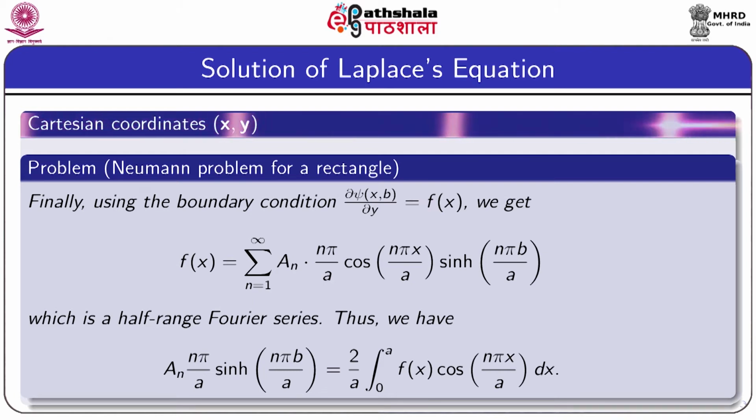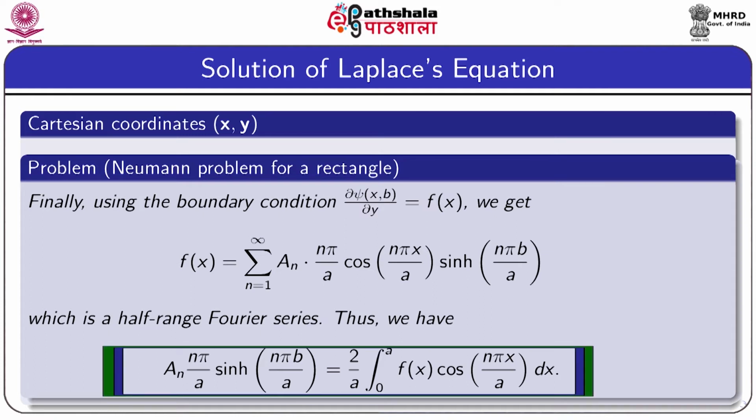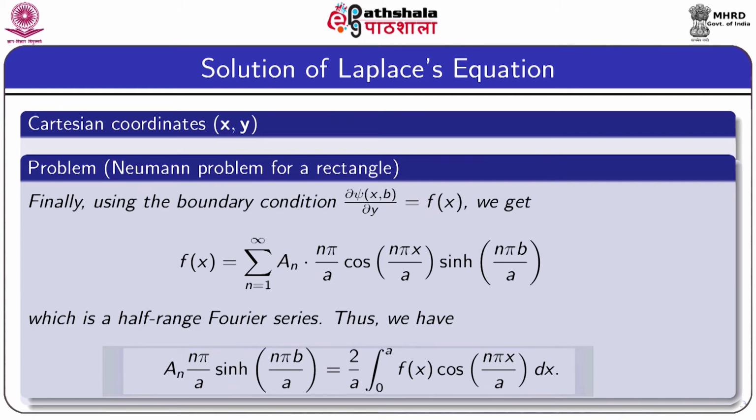So, the coefficient A_n can be obtained using the orthogonality property of the cosine series. So, to get the constants A_n, we need to multiply f(x) with cos(n pi x by a), and then we need to integrate over 0 to a. If we do that, we get the value of A_n as A_n equals 2 by a divided by (n pi by a) times sinh(n pi b by a), into the integration from 0 to a of f(x) cos(n pi x by a) dx.